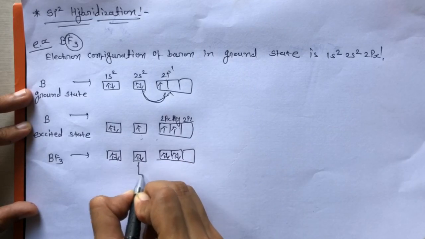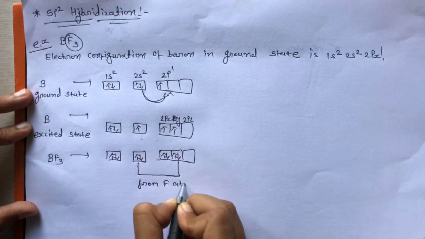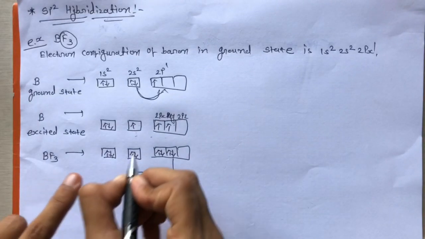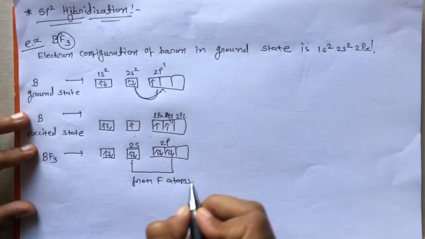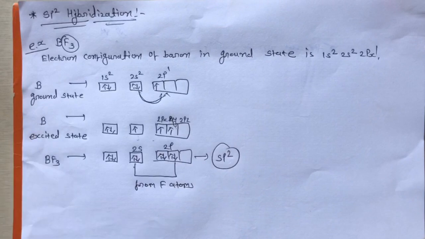So this is from F atoms. So here one S orbital and two P orbitals, so this is called sp2 hybridization.